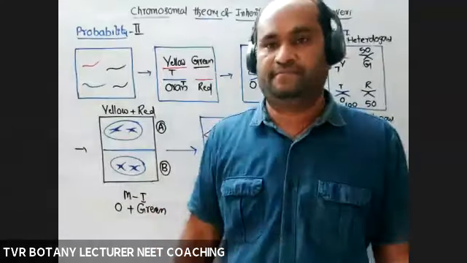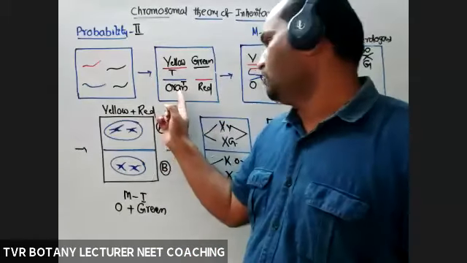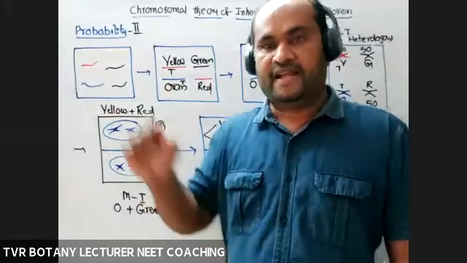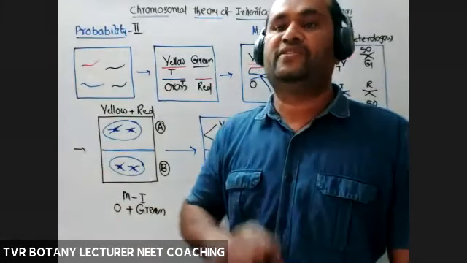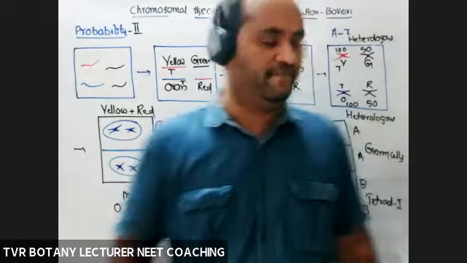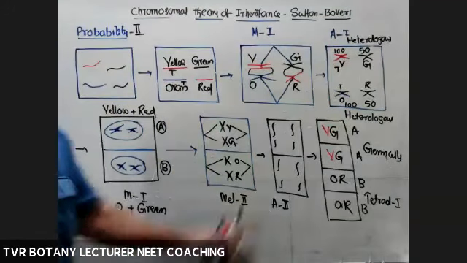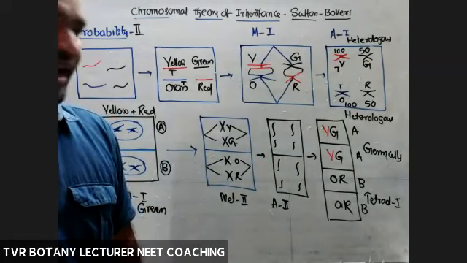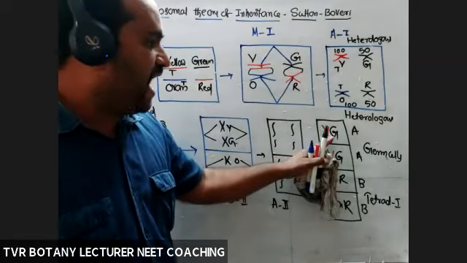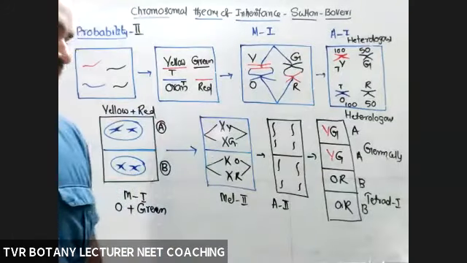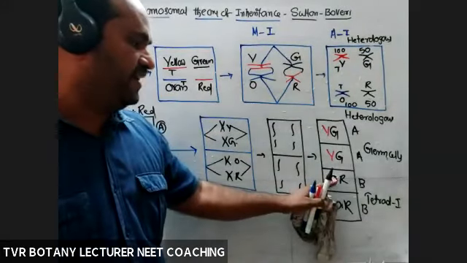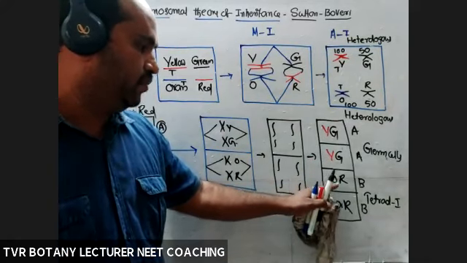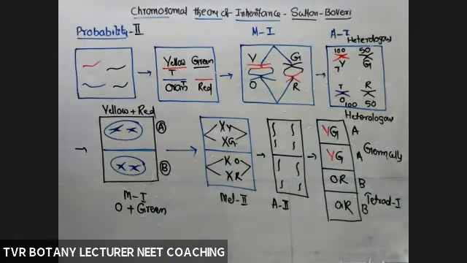Next, the orange chromosome separated from the yellow chromosome and segregated with the green chromosome. That is the first probability. Second probability: the yellow chromosome separated from orange and segregated along with the green chromosome. The orange chromosome separated from yellow and moved with the red chromosome.